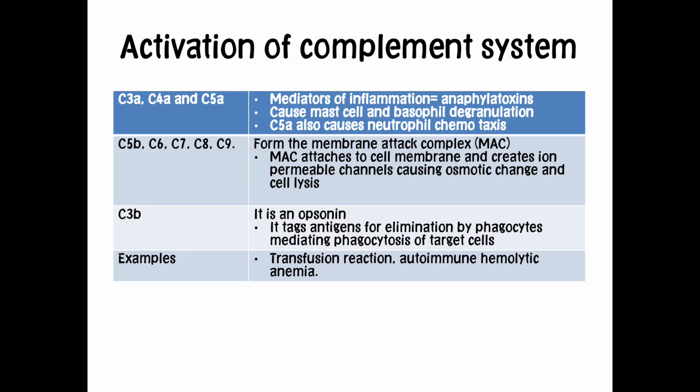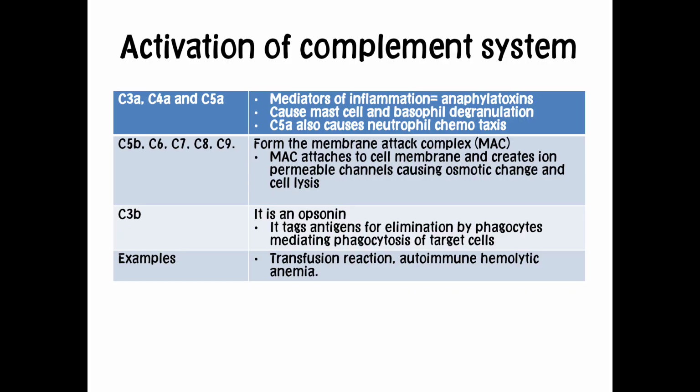Complement protein C5a may also cause neutrophil chemotaxis, and neutrophils are important in phagocytosis of target cells, or a cell that has been tagged by the immune system for destruction.